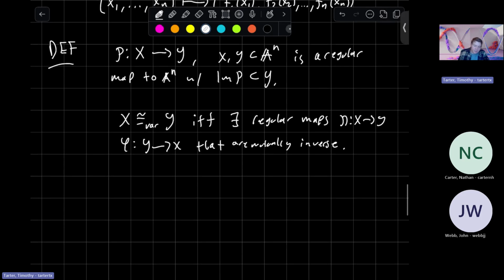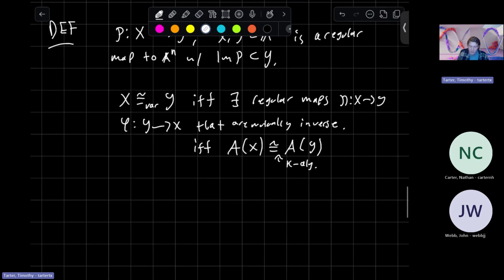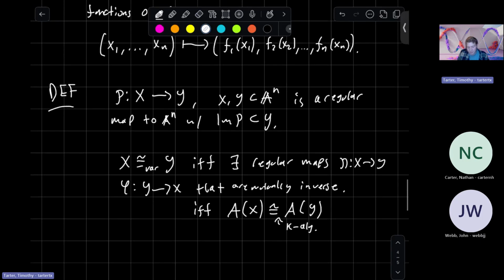And then kind of an alternate way of saying this is if the coordinate rings, so the ring of regular functions, are isomorphic as K-algebras. What we mean is just an algebra with coefficients in K, where K is the base field.